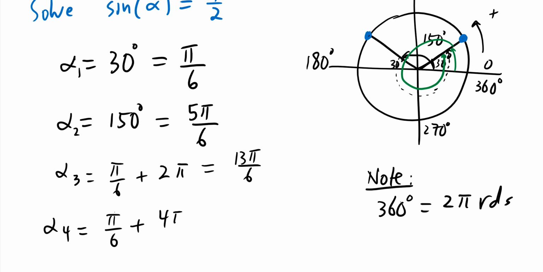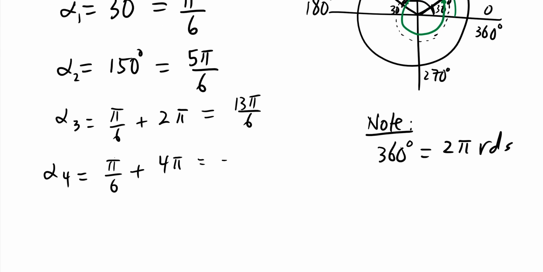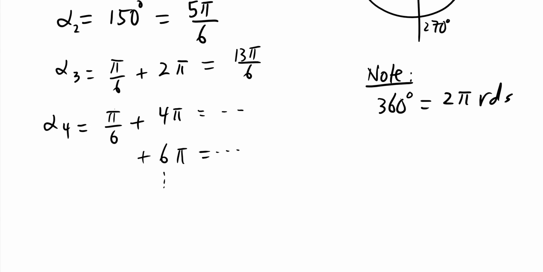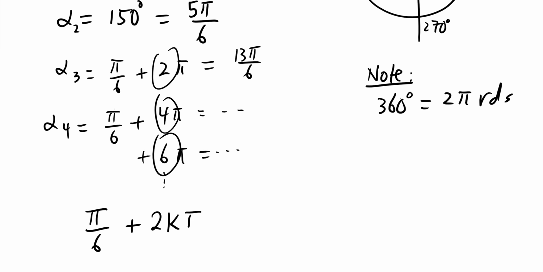Another one is going to be at 6 pi. So in general, I'm taking the original pi over 6 and adding an even number of pi's, which is 2k pi. K is an integer. If you take k equals 0 first, you get just the original one. K equals 1, you get the next one. K equals 2, you get the next one.